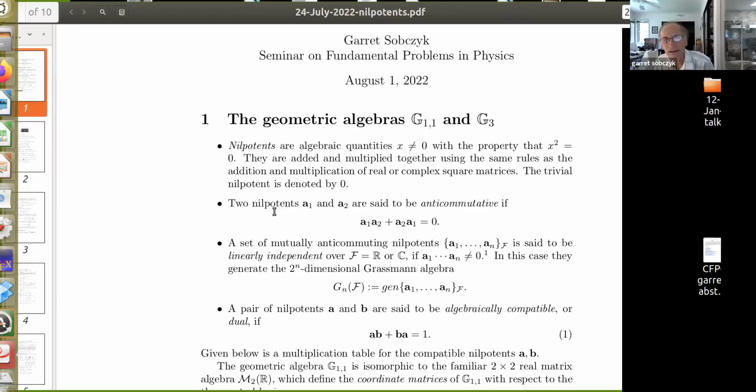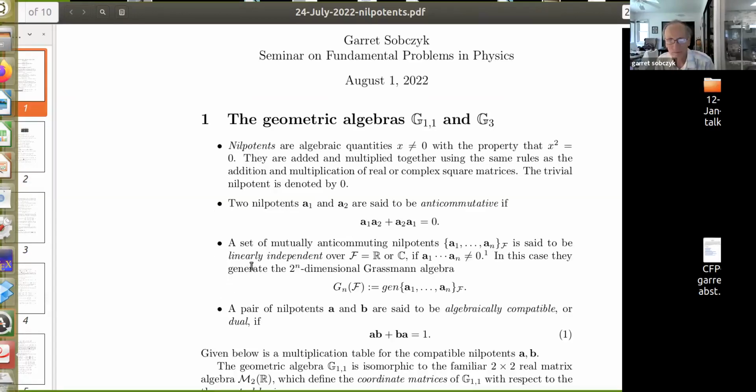Then I define the second point here: two nilpotents, which I call A1 and A2, are anti-commutative, A1 times A2 plus A2 times A1 is equal to 0. That's just the definition again.